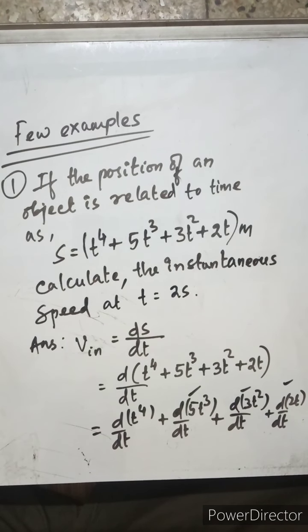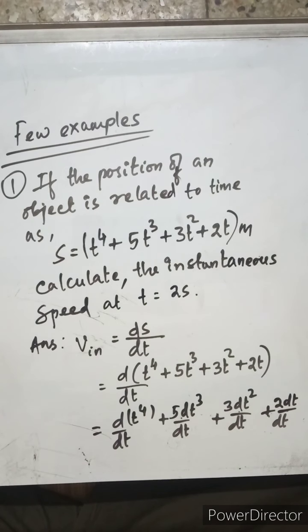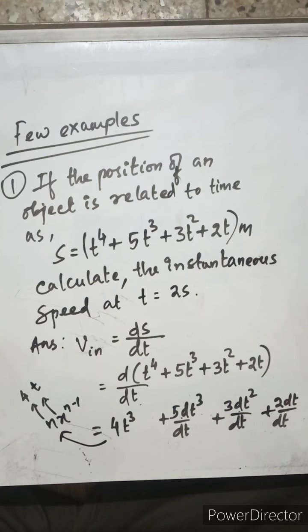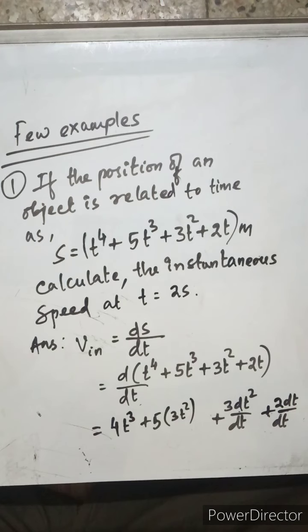So ds by dt, and instead of s I substitute that entire expression, that is t to the power 4 and the rest. So the derivative of these terms: d by dt of t to the power 4, and 5, 3 and 2 go outside because they are constant terms. The derivative of the first term is 4t cube, considering n to be 4 and t instead of x, and n minus 1 is 4 minus 1, that is 3, so we have 4t cube.